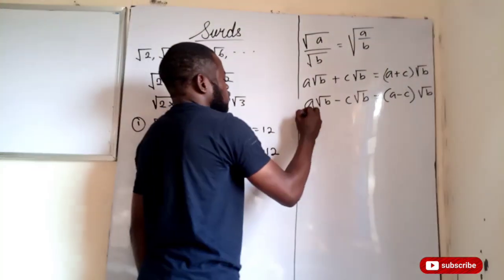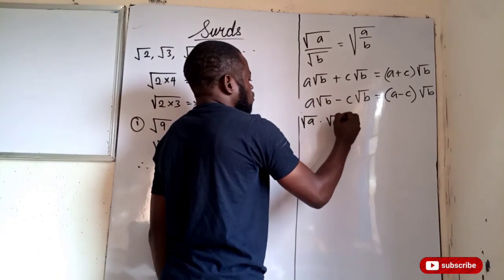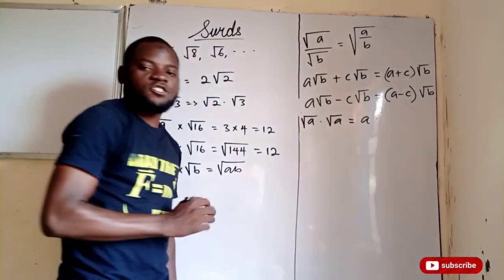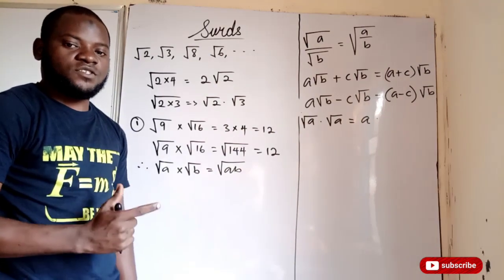Also, if I have the square root of A times the square root of A, my result is going to be what? A. Are we together?